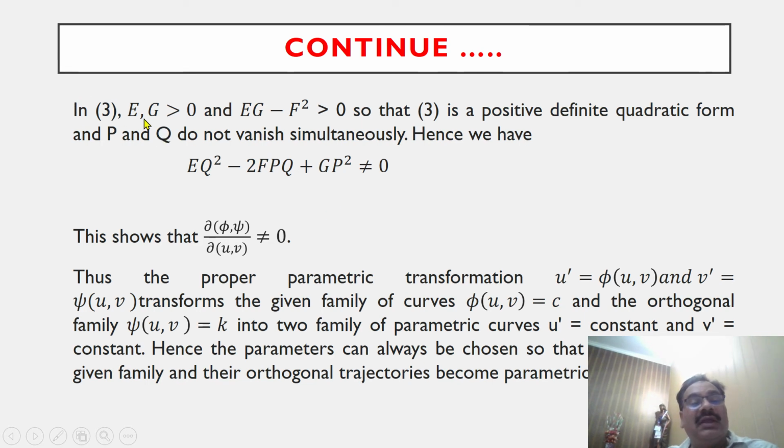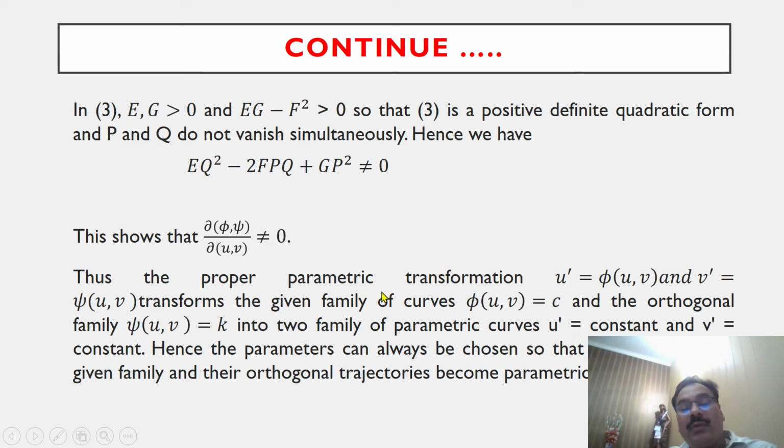In equation 3, E and G are greater than 0 and EG - F squared is also greater than 0, so the quadratic form is positive definite, and P and Q do not vanish simultaneously. Hence this quadratic expression will be non-zero. This shows that the Jacobian del(phi, xi) over del(u,v) is non-zero.